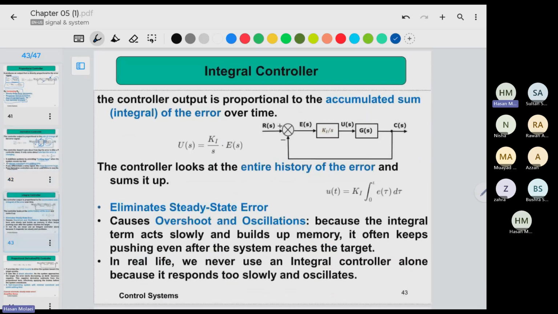And then the next controller is the integral controller, as we saw earlier, right? Sometimes it's good to have this kind of integration, adding it to improve the steady state error.